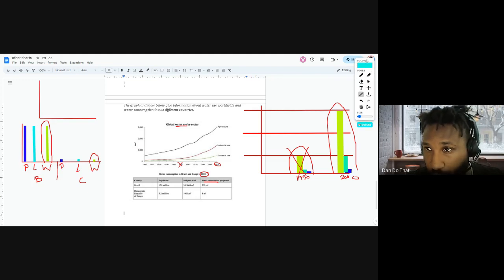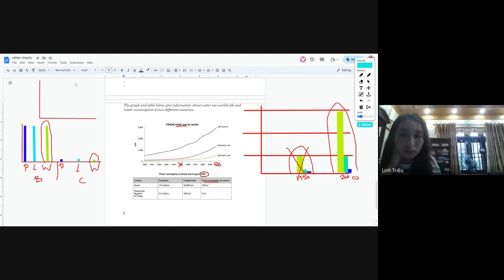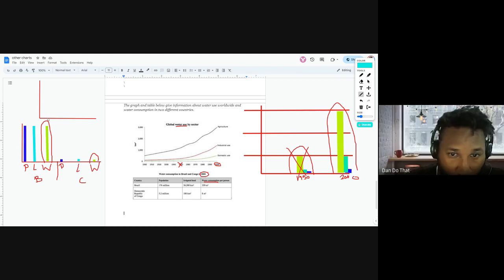Water, let's call it blue. So water in Brazil is 359. Water in Congo, 8.